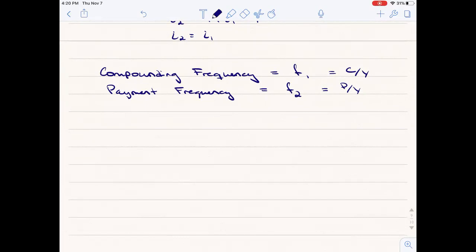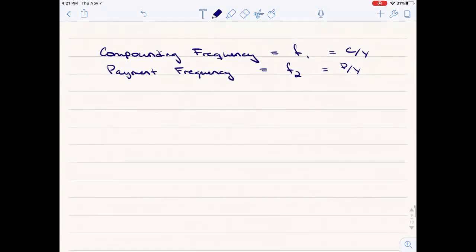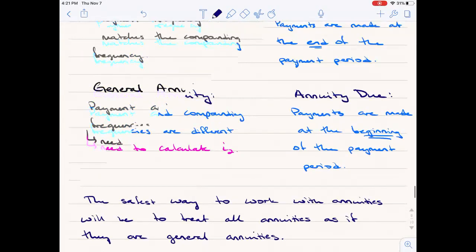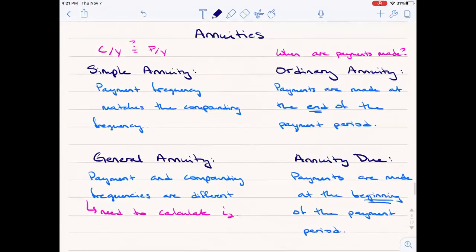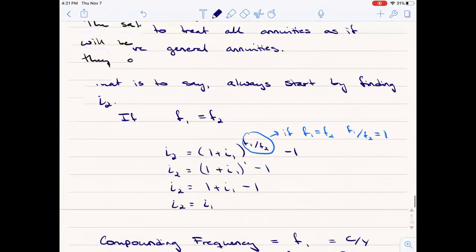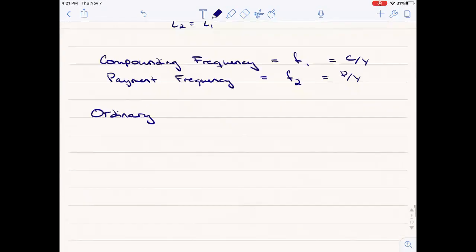All right, so what I want to do is, I'll just say ordinary. See, I always mix these up. Yeah, ordinary annuities, that's what we're doing. Ordinary annuities.